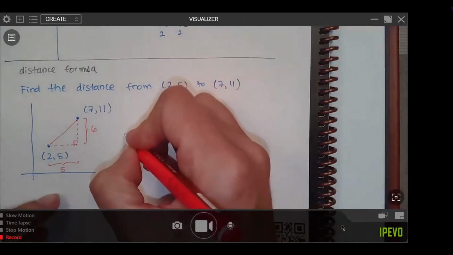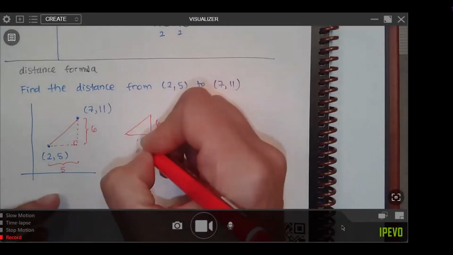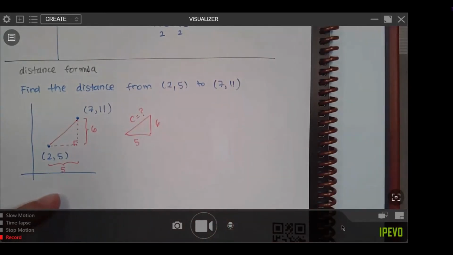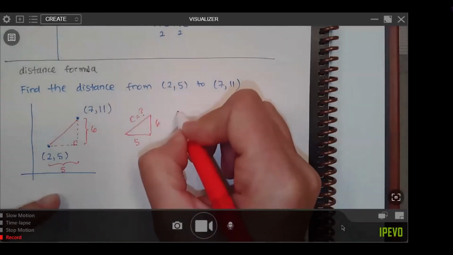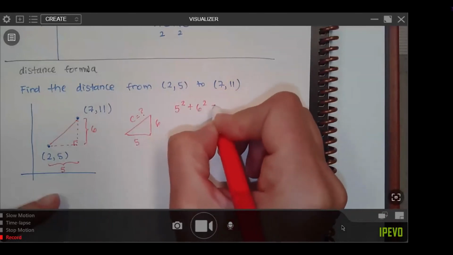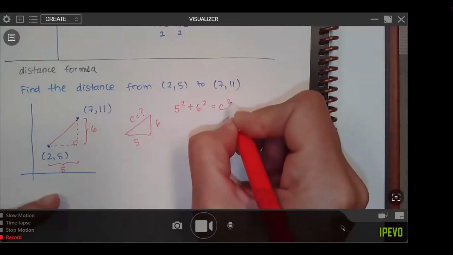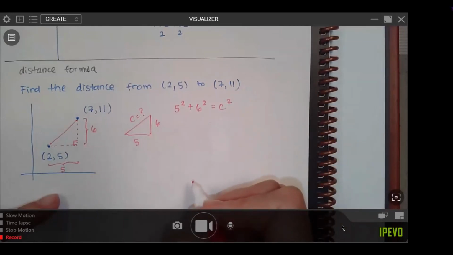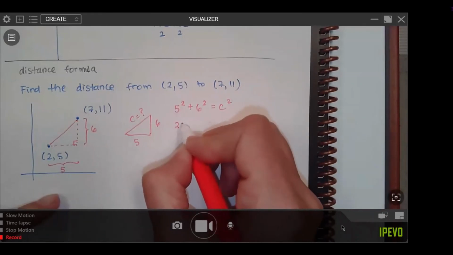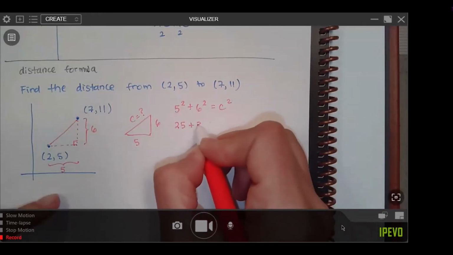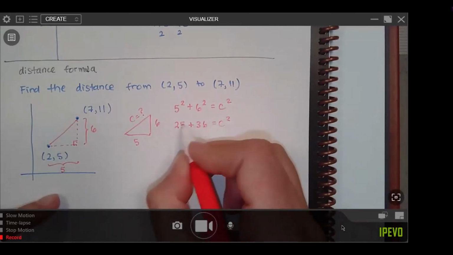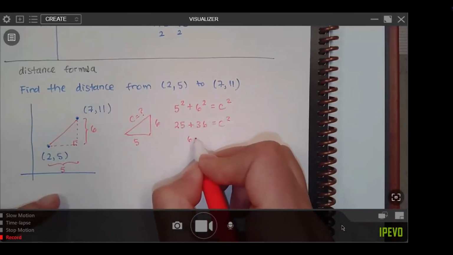So I'm looking at this triangle with sides of 6 and 5 and asking myself, what is that third side? Back to the Pythagorean theorem, 5 squared plus 6 squared would need to equal c squared. Five squared is 25, 6 squared is 36. 25 and 36 sounds like 61.